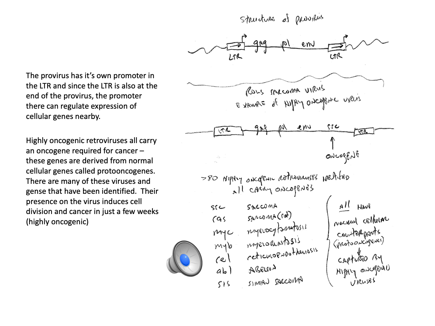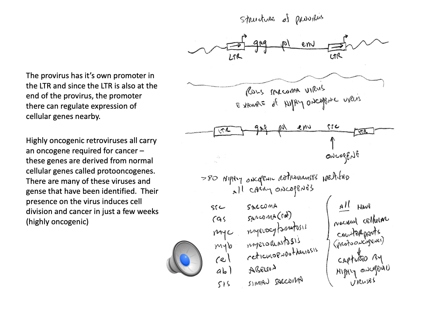MYB is one that causes a disease called myeloblastosis, which is kind of like a leukemia in birds and also in mice. REL is an oncogene also associated with a highly oncogenic retrovirus. It causes what's called reticuloendotheliosis, which is similar to a lymphoma in birds. And there's a gene called ABL, which causes tumors in mice, named after the person who discovered it, John Abelson. And then SIS is another one, which causes sarcomas in monkeys, the simian sarcoma virus.